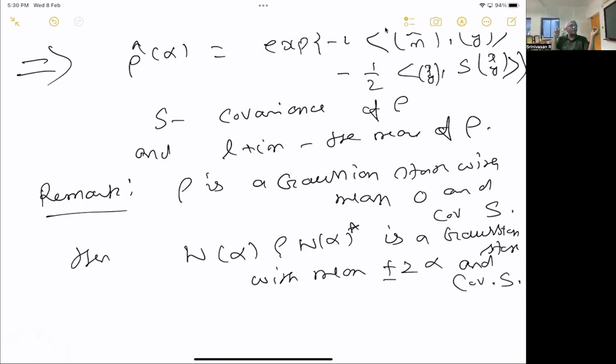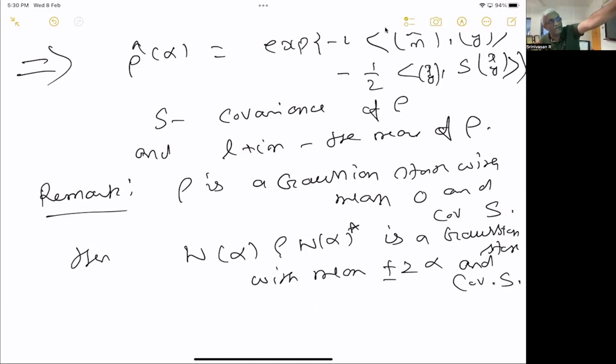If we conjugate with W of alpha, then the characteristic function will be multiplied by e power 2i imaginary part of alpha times whatever the variable in the Gaussian is. This will just shift the mean.